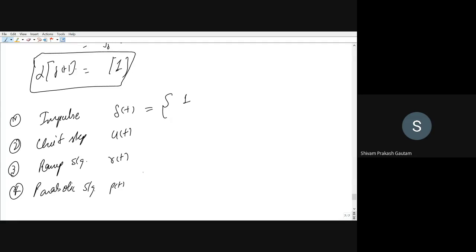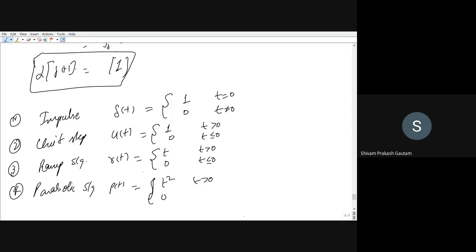And how do we define these? del t is equal to 1 for t equal to 0 and 0 for t not equal to 0. u t is equal to 1 for t greater than 0 and 0 for t less than or equal to 0. r t is equal to t for t greater than or equal to 0 and 0 for t less than 0. p t is defined as t squared for t greater than 0 and 0 for t less than 0.